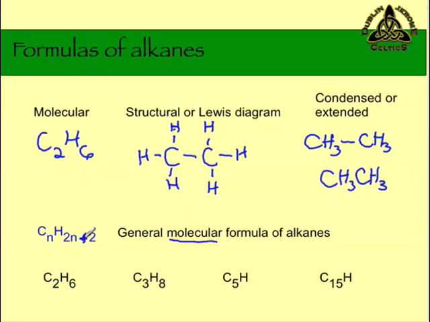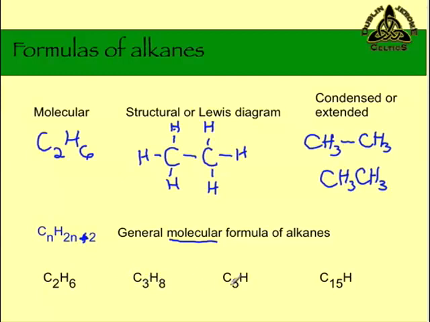That's a little mistake. So it's CnH2n plus 2. Alright, so plugging into the formula now, this makes more sense. CnH2n plus 2 gets you C2H6. So C3, H2n, 2 times 3 is 6, plus 2, that's 8.